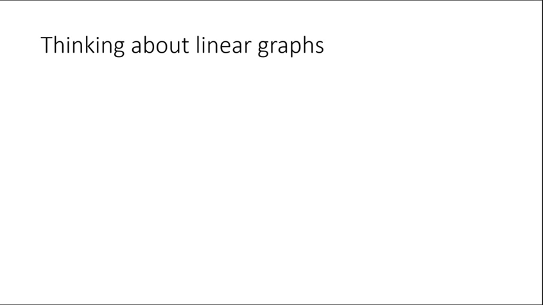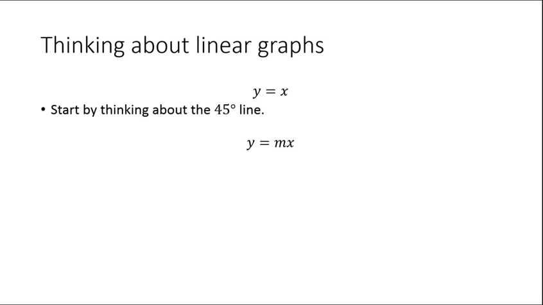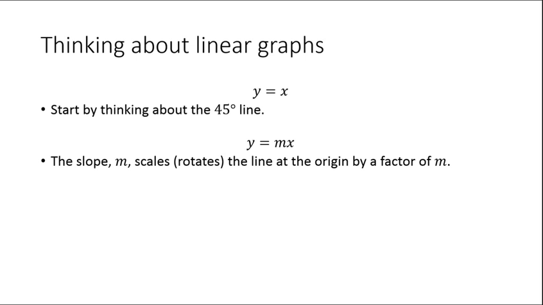I want to go back for a moment and think just a little bit about the graphs for lines, because there are some useful concepts here that translate well to nonlinear graphing. You start off by thinking about the line y equals x as a 45-degree line. If you instead have a slope on the line or a coefficient on the x, basically what's happening is you're scaling the line.